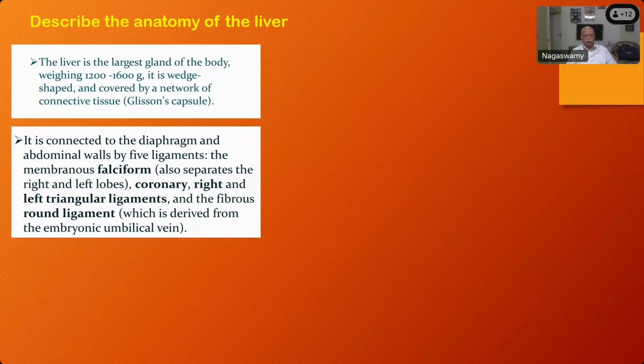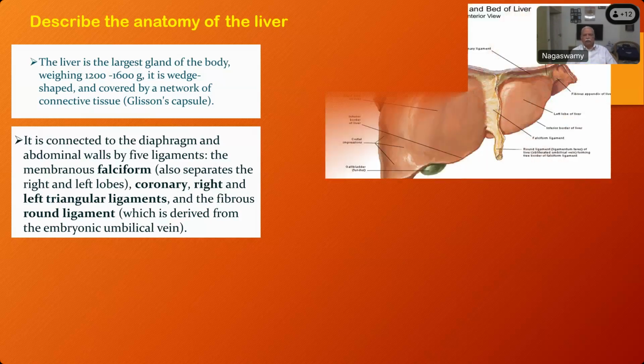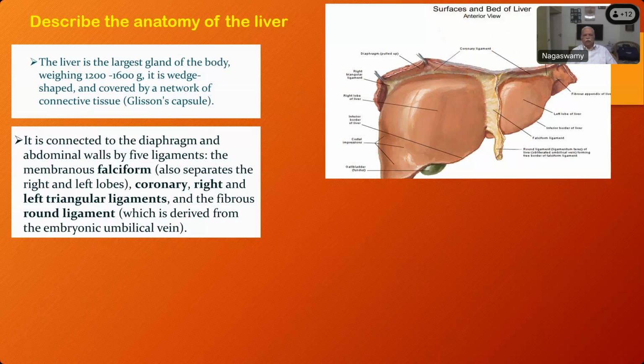So this is knowledge that mostly surgeons should have. We also should know, especially those who are involved in liver transplant, they should have this knowledge without fail. So this picture shows the various ligaments. Anteriorly, this is the falciform ligament, which is separating the right and left, and it also continues down as the round ligament, which is nothing but a vestigial organ.